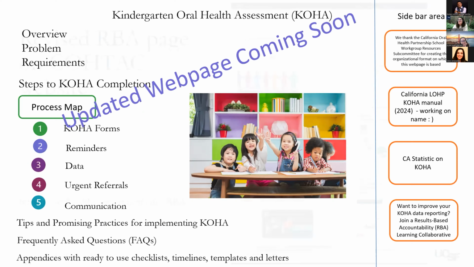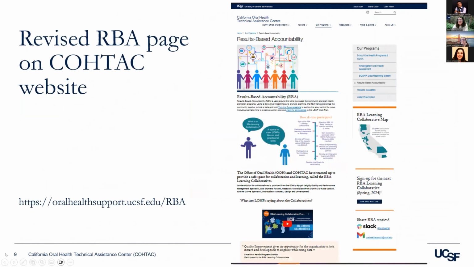The other thing Katie wanted to share is that we've updated the RBA website page on the COHTAC website. It's a reminder to go check it out. We've made some easier-to-follow infographics for understanding what the steps are. You can also sign up for the next RBA Learning Collaborative.